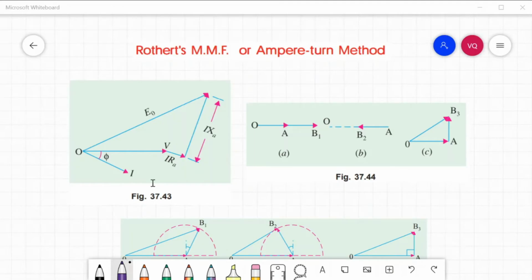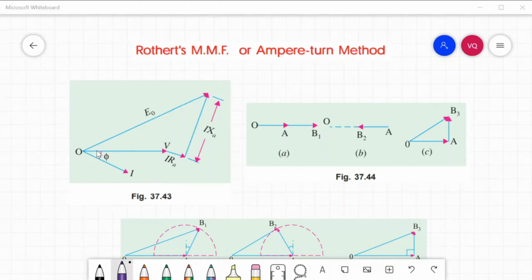In figure 37.44b, if the power factor is unity, the armature reaction is cross-magnetizing. Its effect is distortional only. Hence, the field ampere turn required is OB3, such that it is the vector sum of OA and AB3, which is drawn at right angles to OA, as in figure 37.44 letter C.